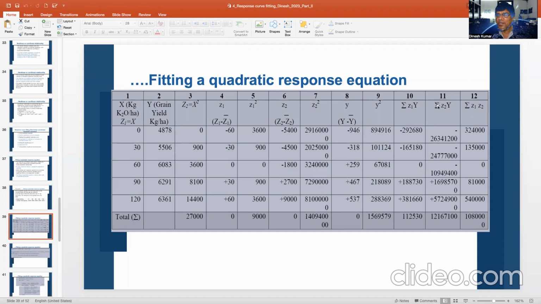Here also you can take the summation small z2 capital Y, small z1 capital Y, summation y square, summation z2 square, and summation z1 square, and the mean of column 1, column 2, and column 3. If you have all these weapons in your armory, you can solve the problem, or you can kill the enemy.